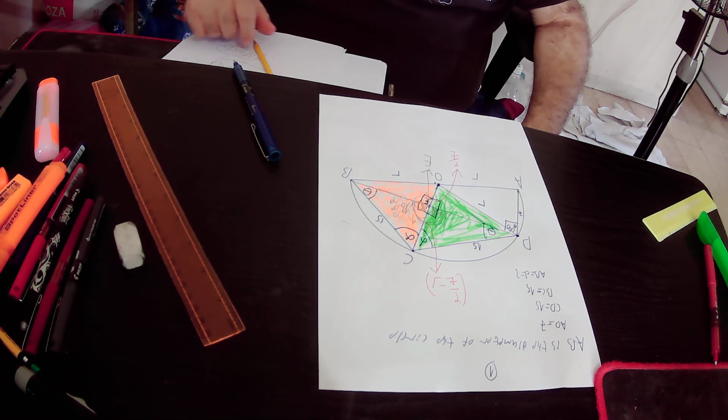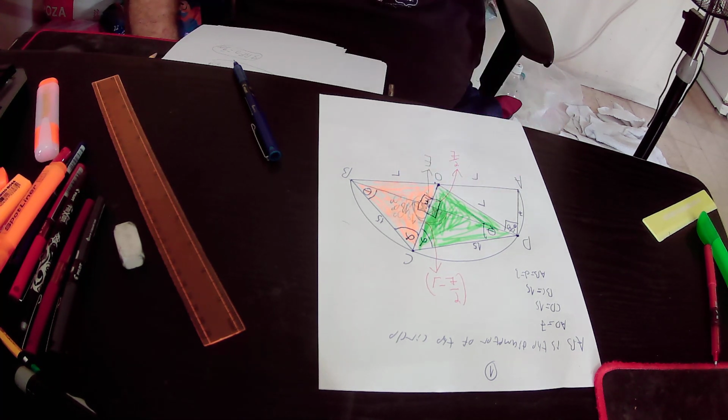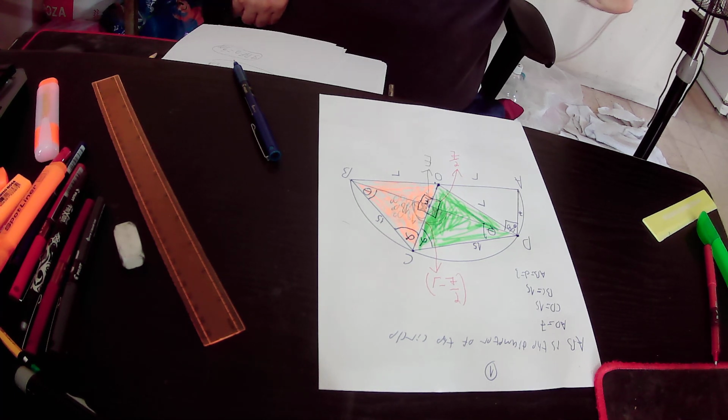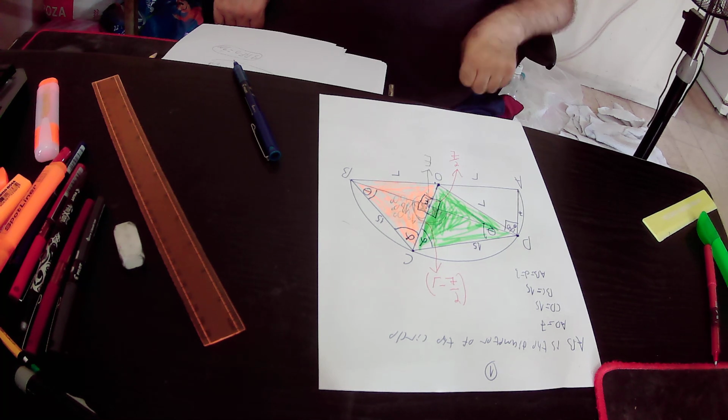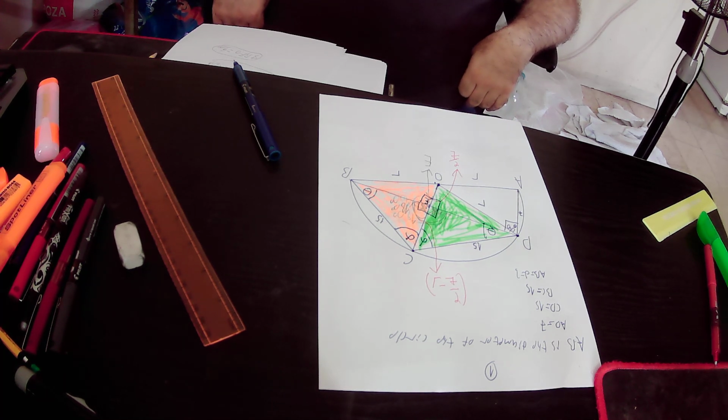And we know that OC is the radius of the circle, and therefore it is a straight line.